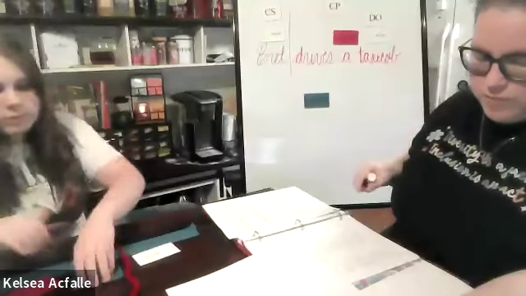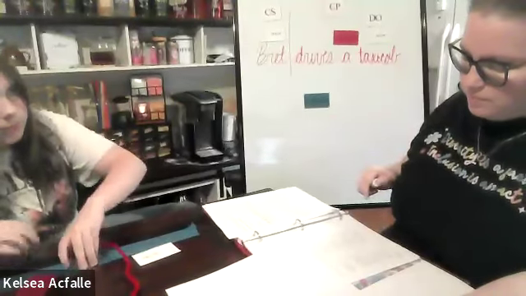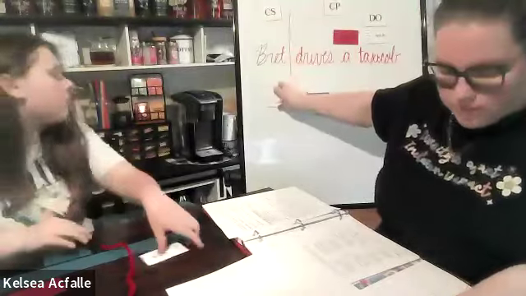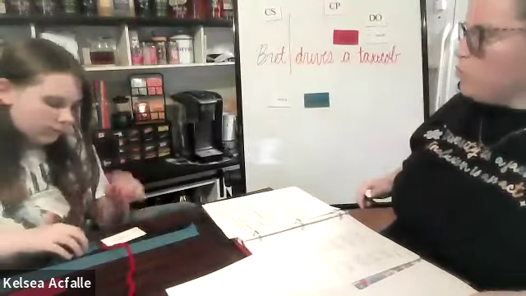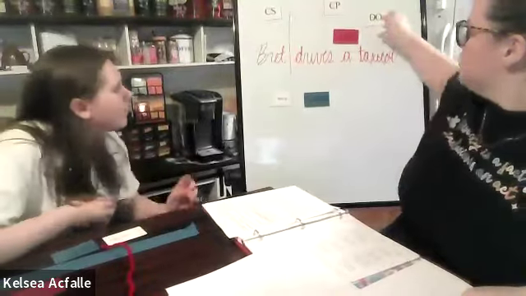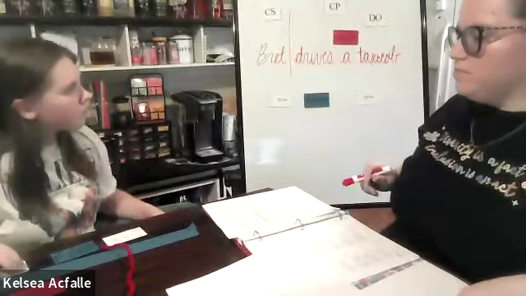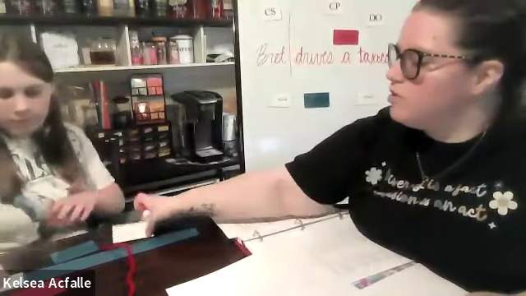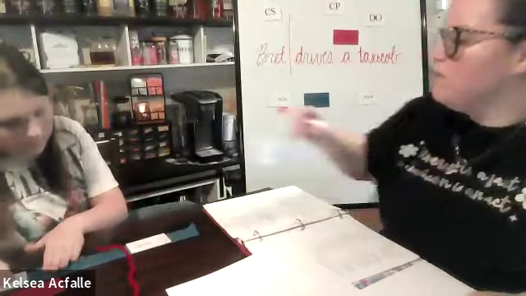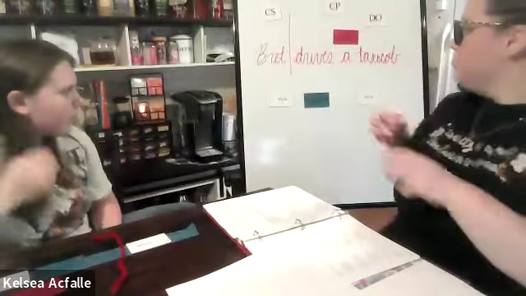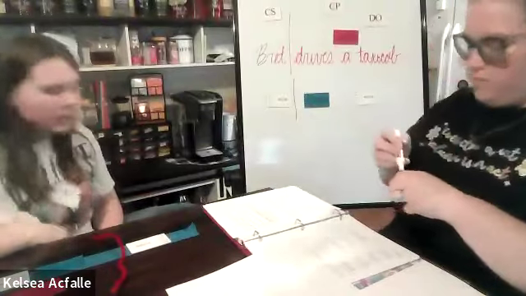Drives is our action verb. And who drives? Brett. Drives what? A taxi cab. Taxi cab is our direct object, so it's going to stay on our line. You can just put them on your line. Yep, just like that. There you go. And keep those split. Good.